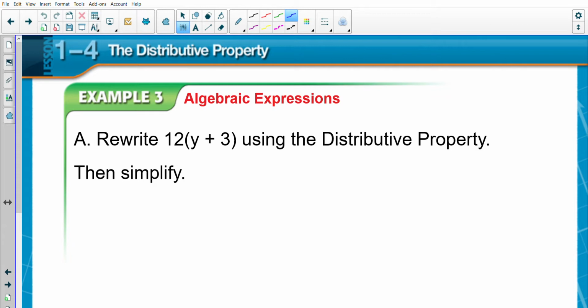What the distributive property tells me to do is, if I have a 12, or just any number, or it could be a variable, we'll get to that as well, outside of a parentheses, what distribute means is I take that 12 and I multiply it times y, but I also multiply it times 3.